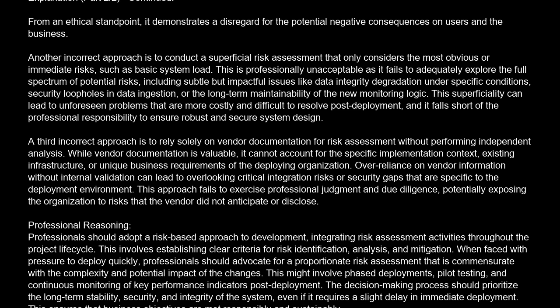This might involve phased deployments, pilot testing, and continuous monitoring of key performance indicators post-deployment. The decision-making process should prioritize the long-term stability, security, and integrity of the system, even if it requires a slight delay in immediate deployment. This ensures that business objectives are met responsibly and sustainably.